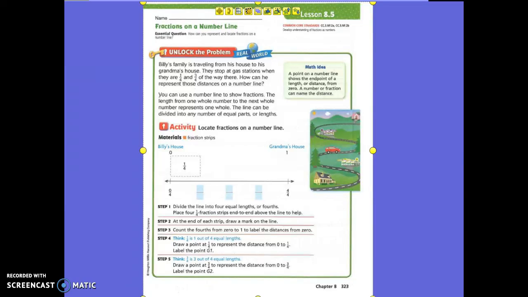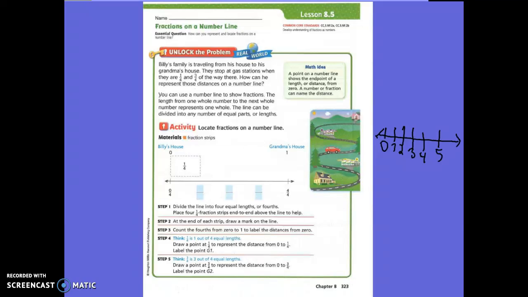Okay. Now, I know this is a number line, and we are used to number lines like this, okay? And then you start at 0, right? And then it's 1, and then 2, and then 3, 4, 5, right?